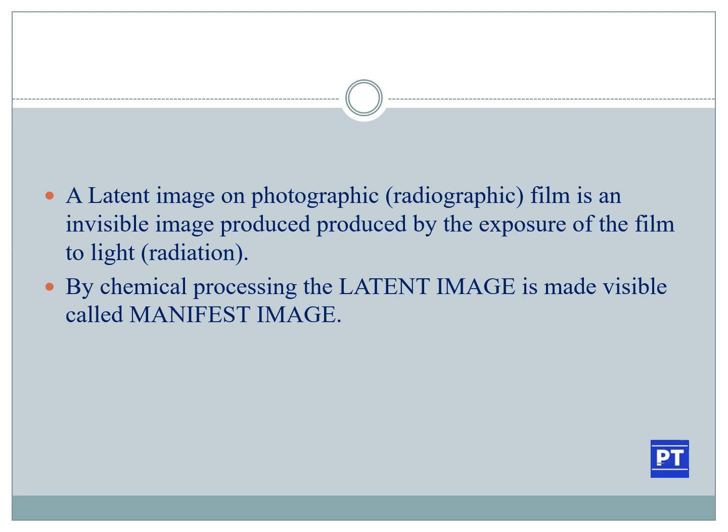By means of different chemical processing, this latent image is made visible, called the manifest image, an image which can be visible. This chemical processing happens in the dark room, and everything related to processing we will discuss in upcoming topics.